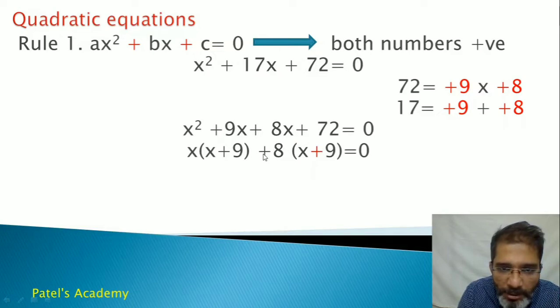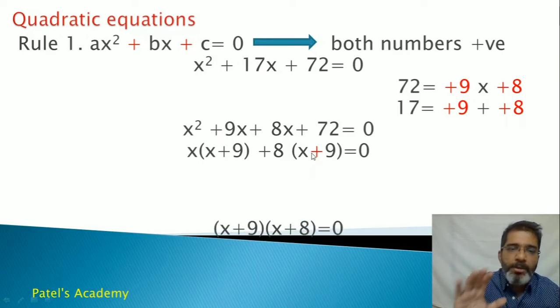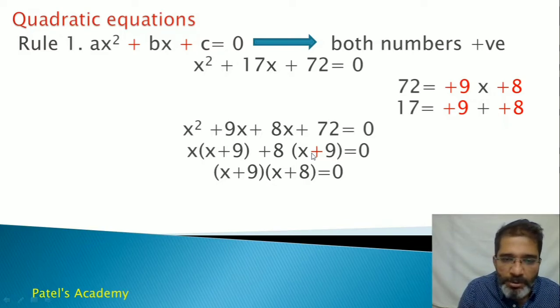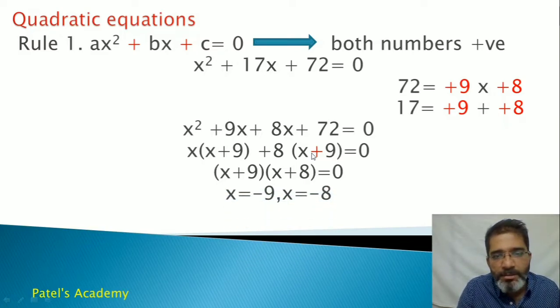In this bracket we are taking plus 8 common, so when you take the plus sign common, the sign of 72 will not change, it will remain the same. So here it is plus, and inside the bracket also it is plus. After that, taking x plus 9 common, we are left with x plus 8 in the other bracket equal to 0, and then we have the final answer minus 8 and minus 9.